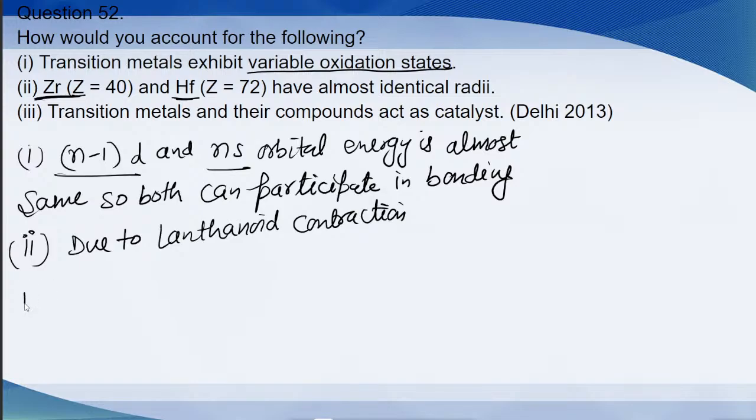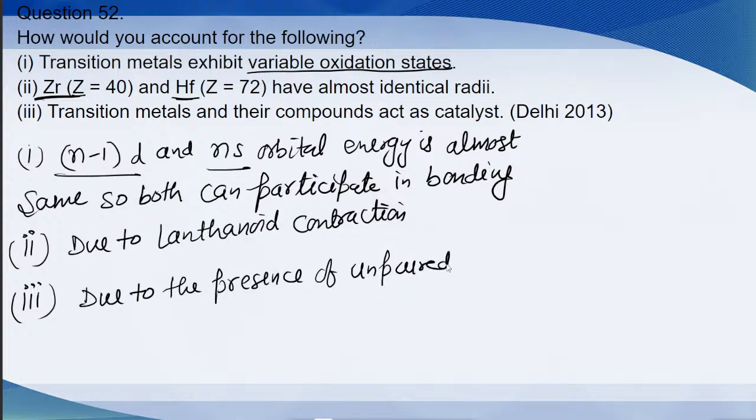Next, why do transition elements, metals and their compounds act as catalysts? First, due to the presence of unpaired electrons in partially filled d orbitals.